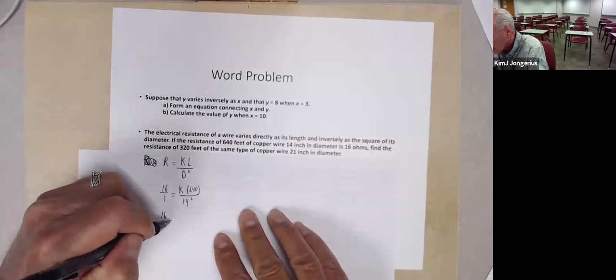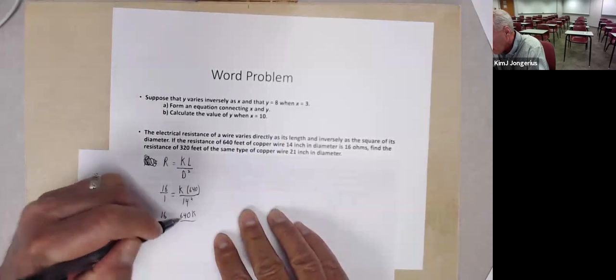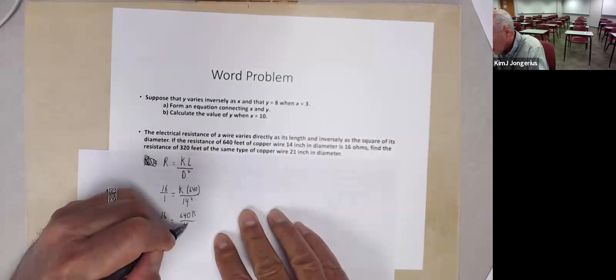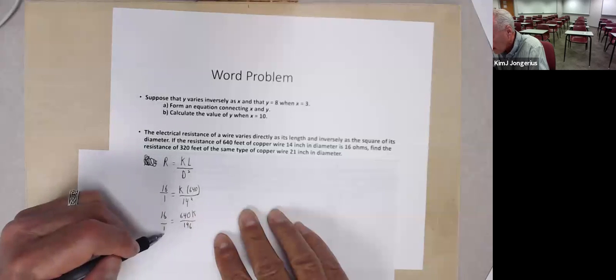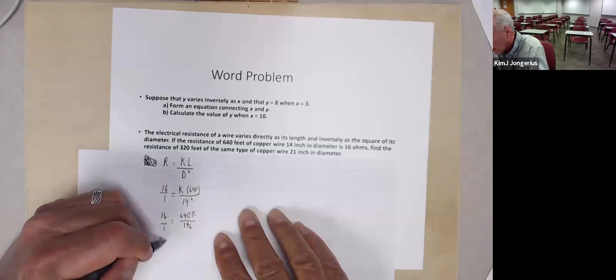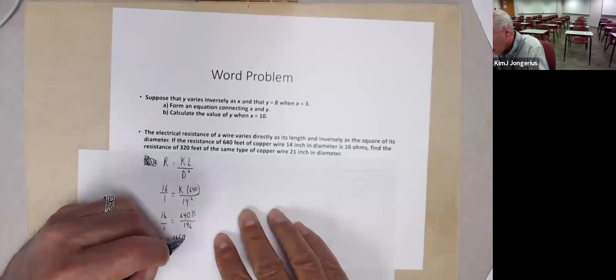So I need to take the 14 and square it. That will give me 16 equal to 640K over 196, since 14 squared is 196. So now I could cross multiply and divide by 640. So K will be 16 times 196 divided by 640.